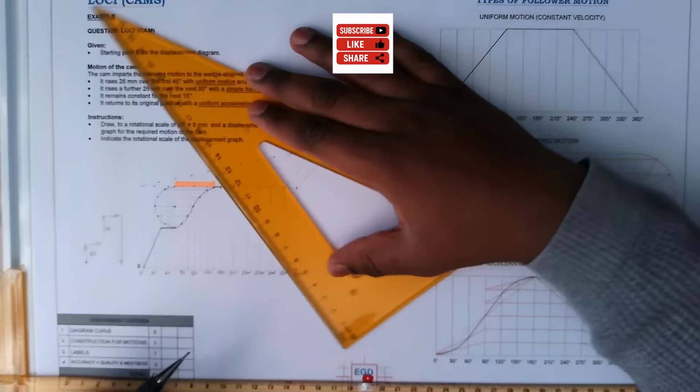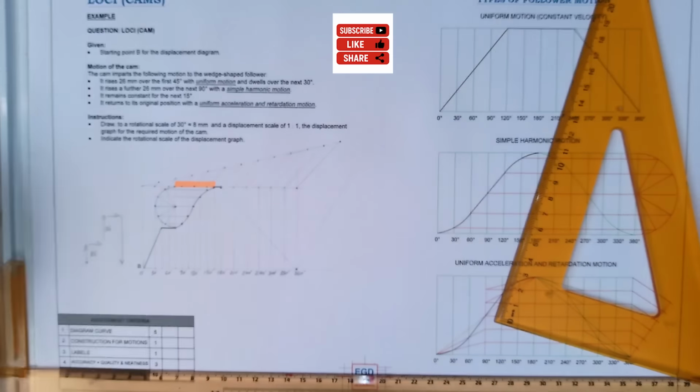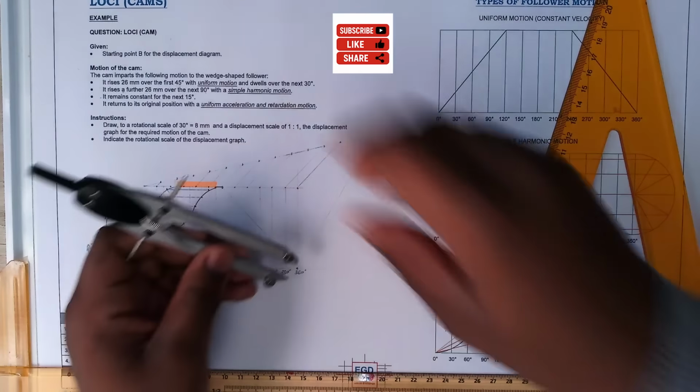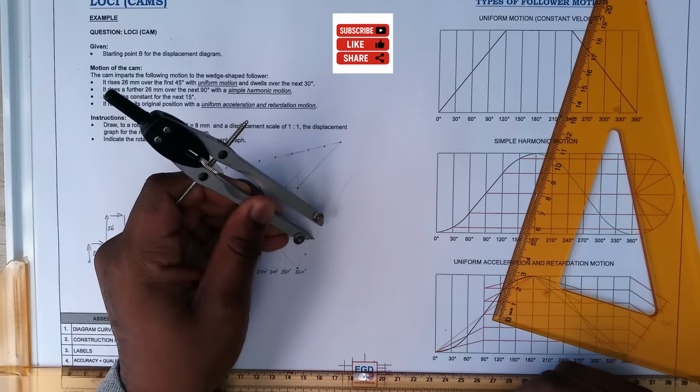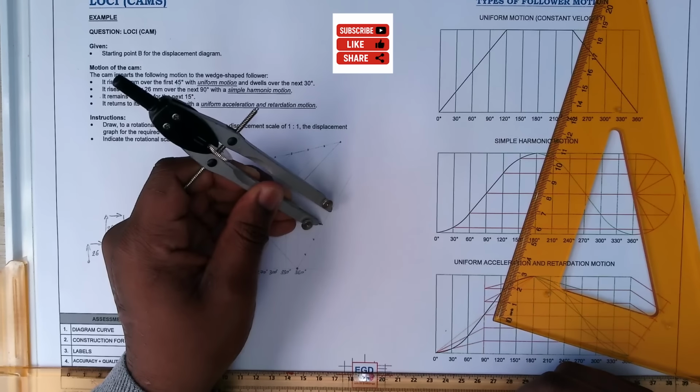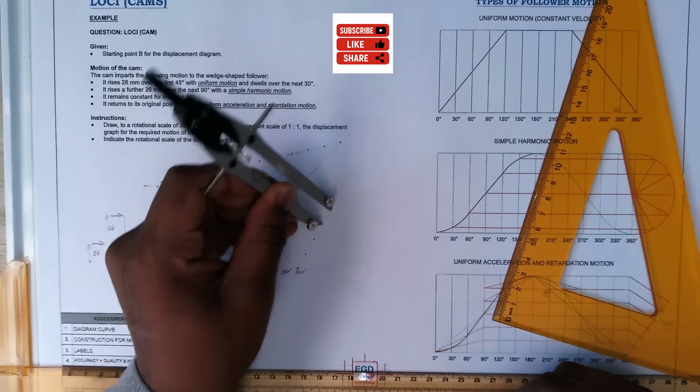So I'll just draw a line going up at any angle, and then I'll mark 6 points on that line. So I'll just take my compass there. So it's 1, 2, 3, 4, 5, 6. Okay, and then the last point I'll have to connect with that point there.